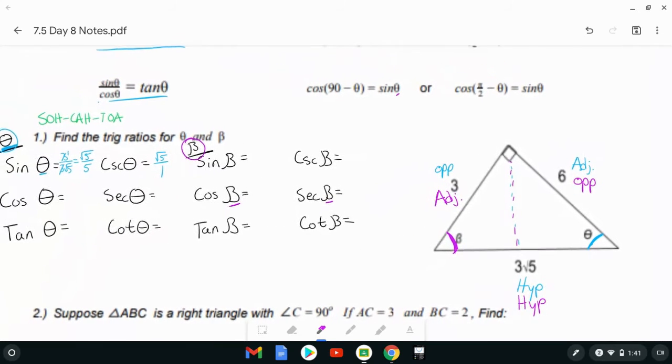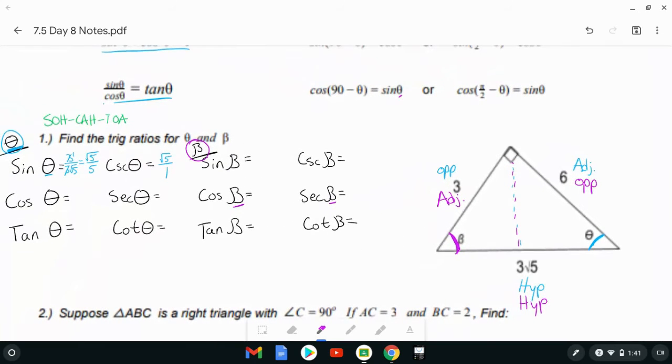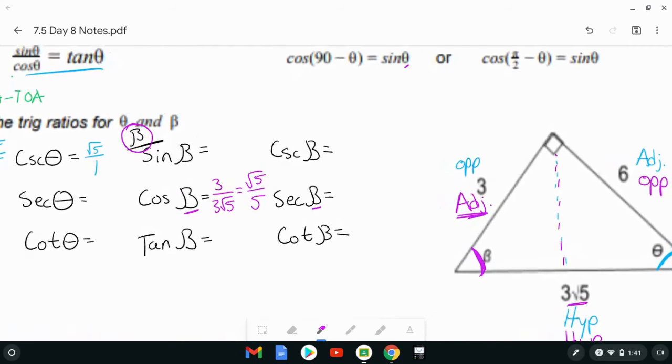So if we're looking at cosine of beta, we notice that cosine would be adjacent over hypotenuse, which is the 3 over 3 root 5, which we already did in sine of theta, becomes root 5 over 5. And then, again, because secant of beta is the reciprocal, it's just root 5 over 1.